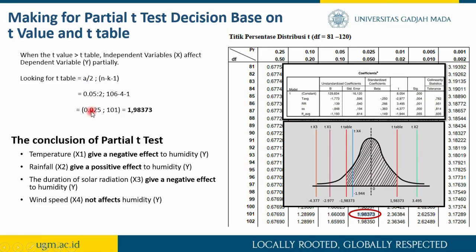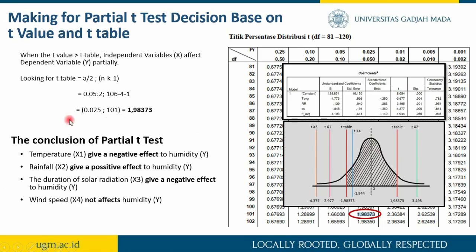This is 0.025, and n is our number of data, and k is our number of variables. We use 106 data and 4 independent variables, so we find this value on the t-table. This is 101, and with this 0.025. And then we look at the coefficient table, at this t column.